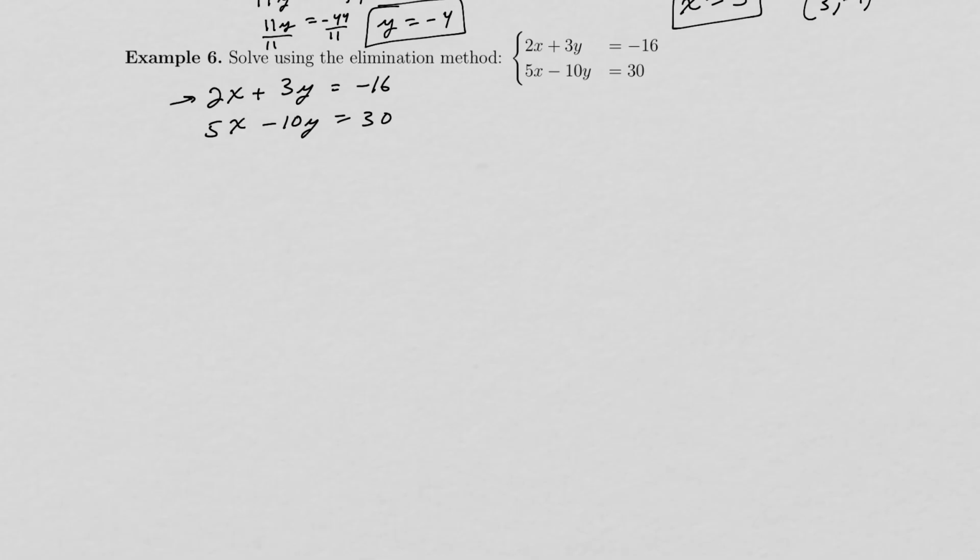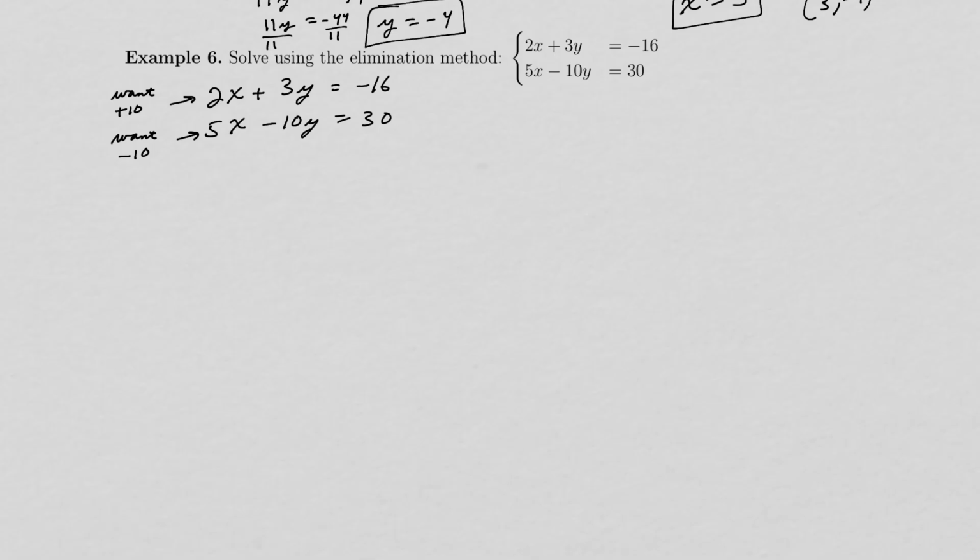For this coefficient, let's say I want it to be a positive 10, and this one, I want a negative 10. Again, it doesn't matter. I could make the first one negative 10, the second one positive. I just want them equal and opposite, okay?